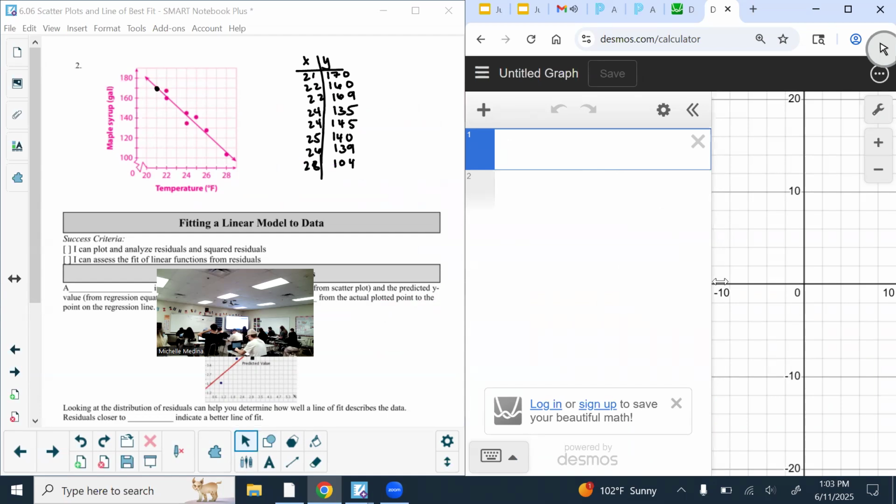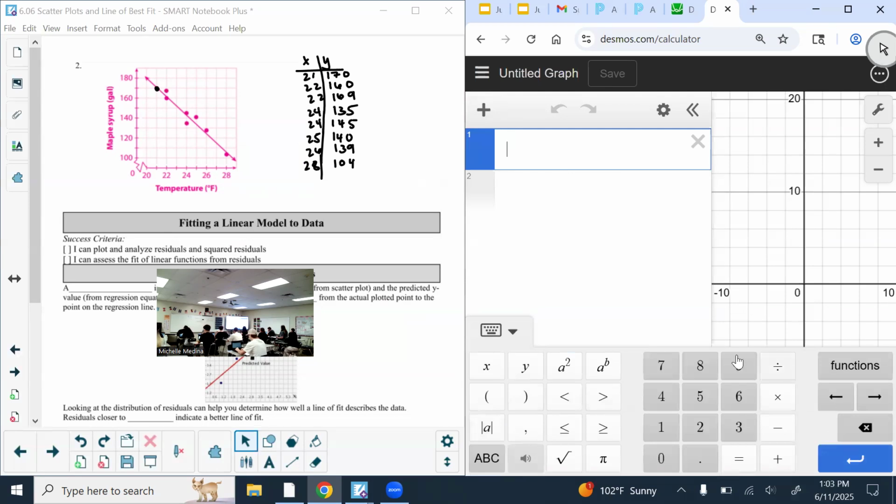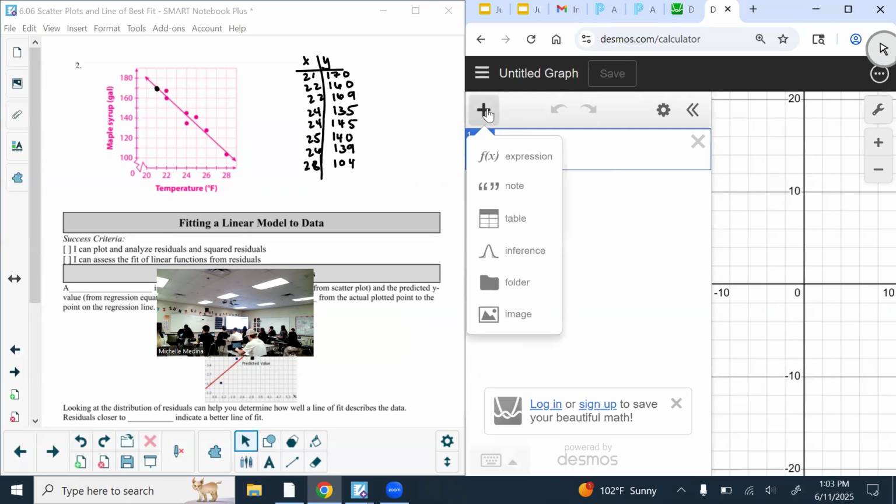Okay. Wyatt, what do I press first? This plus sign, not the one from this little keyboard down here. We want this plus sign that says add item when I hover over it. And what am I going to be adding? A table.